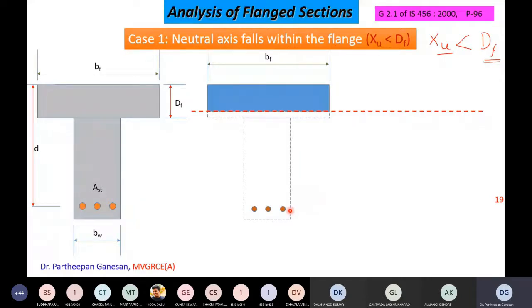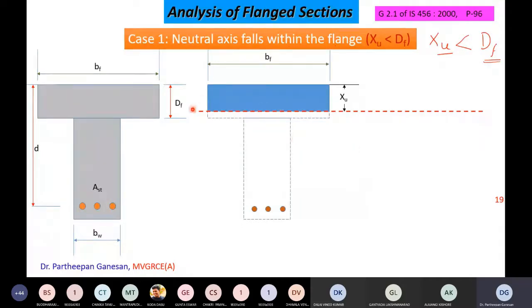So you will not consider concrete below the neutral axis; only steel will take tension. So what is above? Only a rectangle is there. This is XU, the neutral axis depth, and XU is less than DF. Now you tell me, above the neutral axis, is this compressive region in the shape of a rectangle or a T-beam?